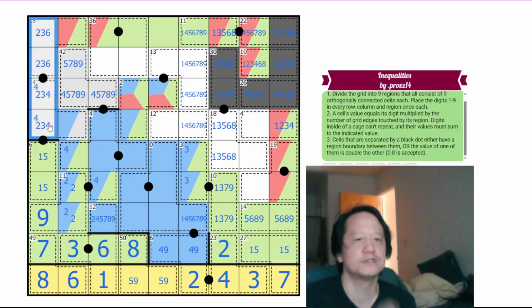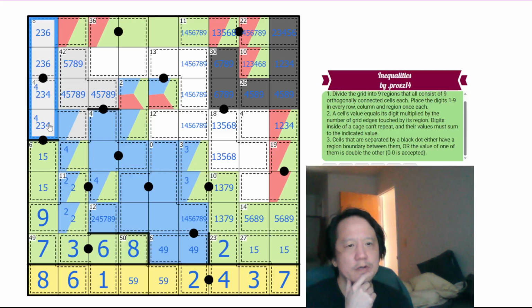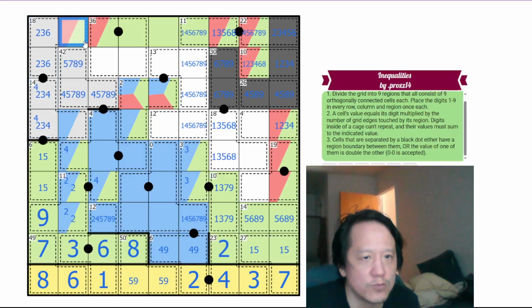2, 3, 4, 6 doubled is 30. So it's 15 times 2. That's 30, which means this has to be either 1 or 2. It cannot be 2 because of the 2 guaranteed in the column. So this must be 1, which means it's 1 doubled to add up to 32.